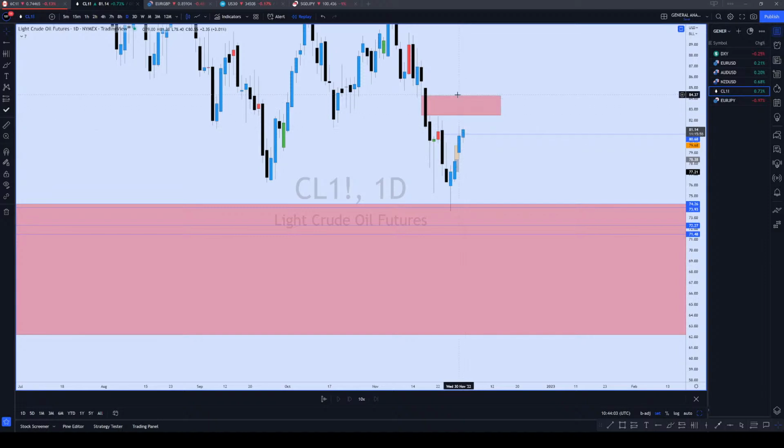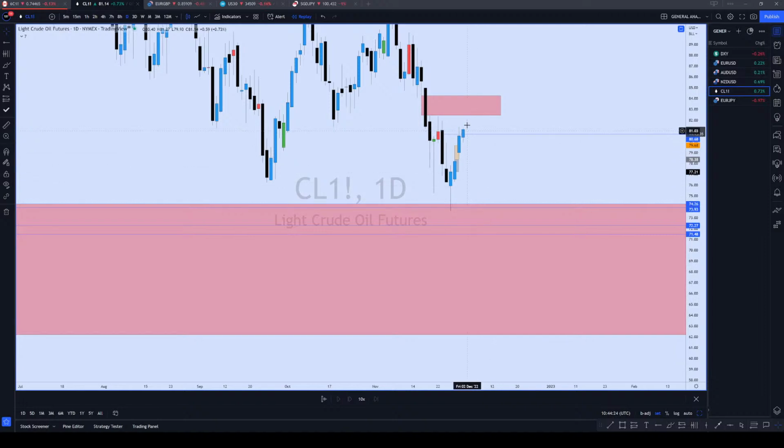So I believe that oil is going to trade up to this level. So pulling back, or whatever pullback that happens, you should absolutely think bullish instead of thinking bearish.